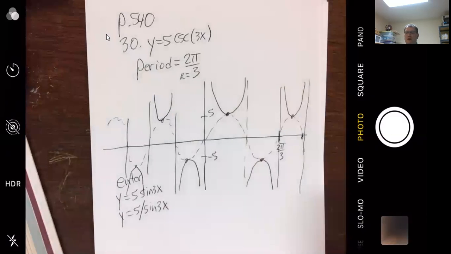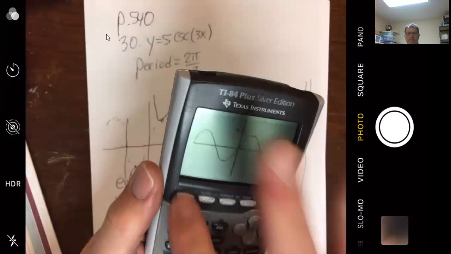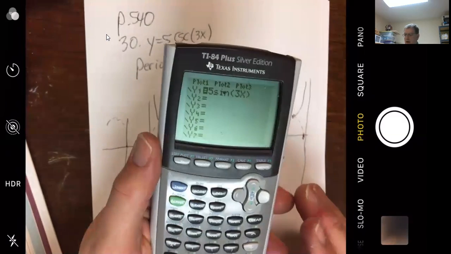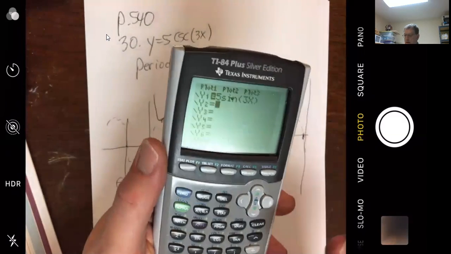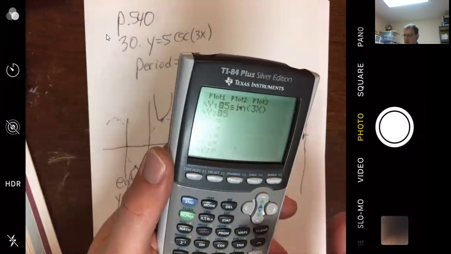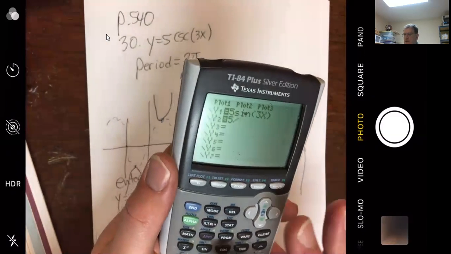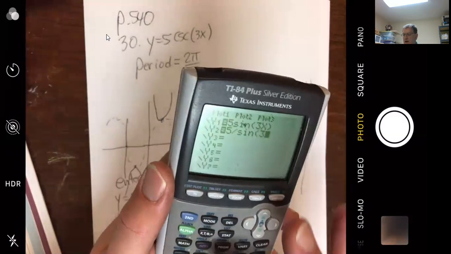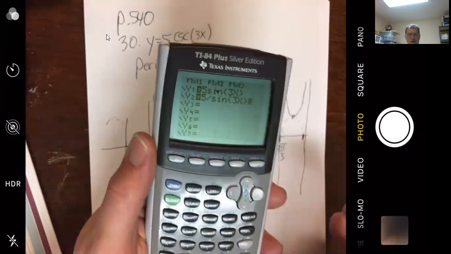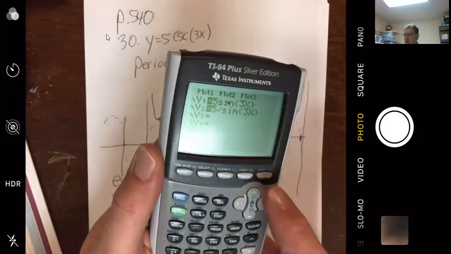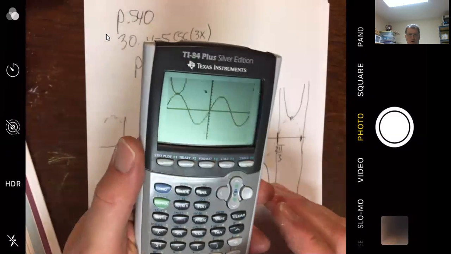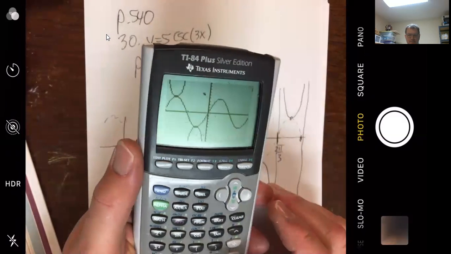And so on. So yeah, if I enter 5 divided by sine 3x, there the humps and dips flip.